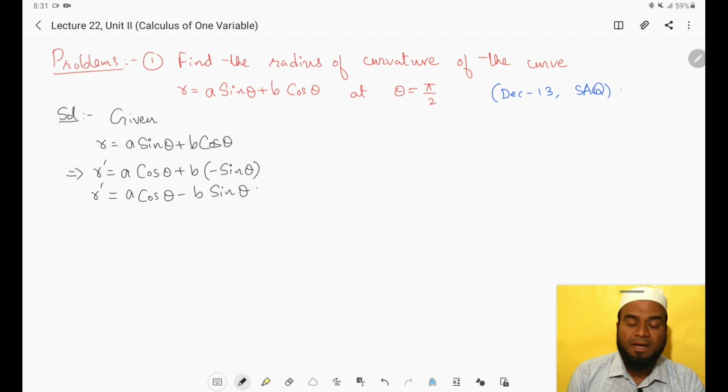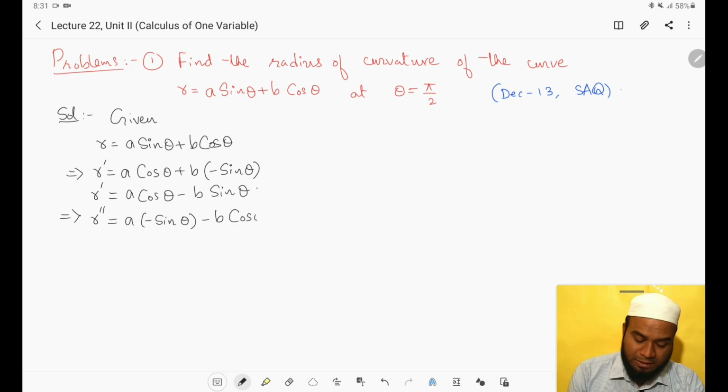Similarly we have to find r double dash, means we have to differentiate r dash once again. So if we differentiate r dash once again, what we will get? R double dash equals a as it is, derivative of cos theta is minus sin theta, minus b as it is, derivative of sin theta is cos theta, right?